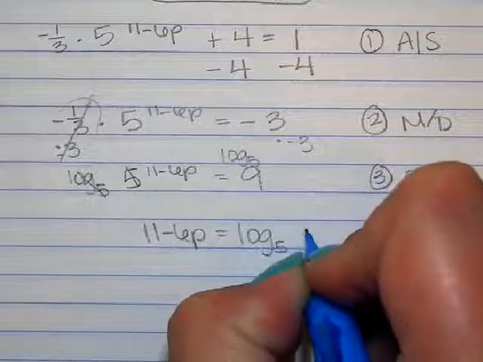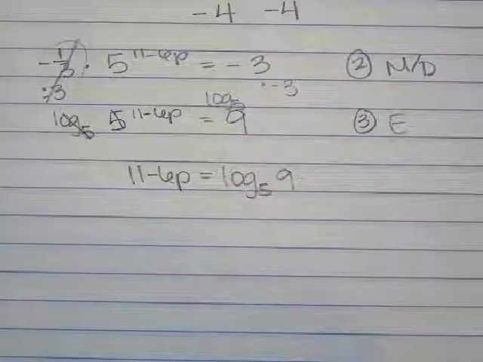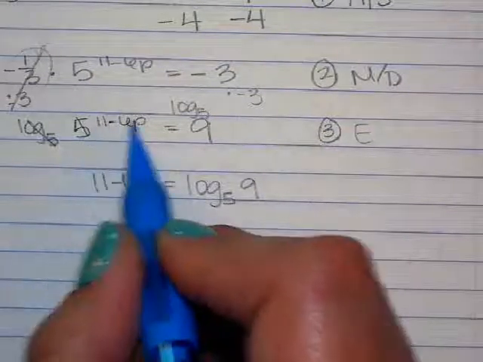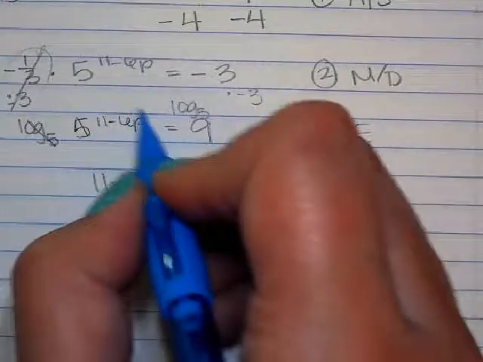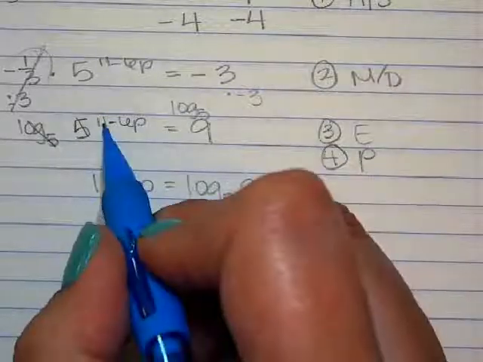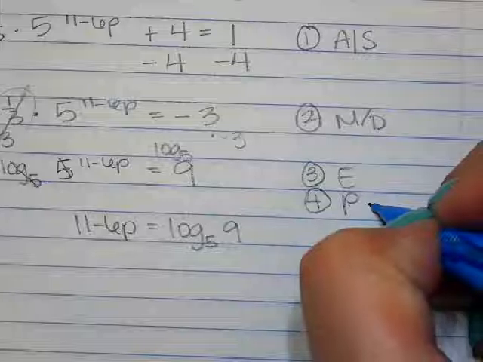Okay. And the exponent 11 minus 6p was a group, so we did step 3 and 4 together. We got inside our grouping symbols, which was our parentheses, even though we didn't see them. And so now we're back at the beginning.